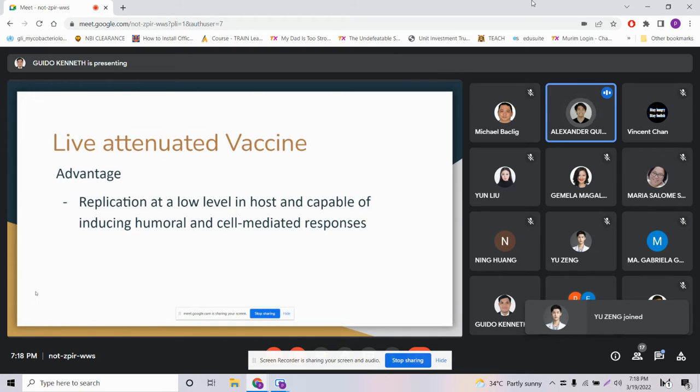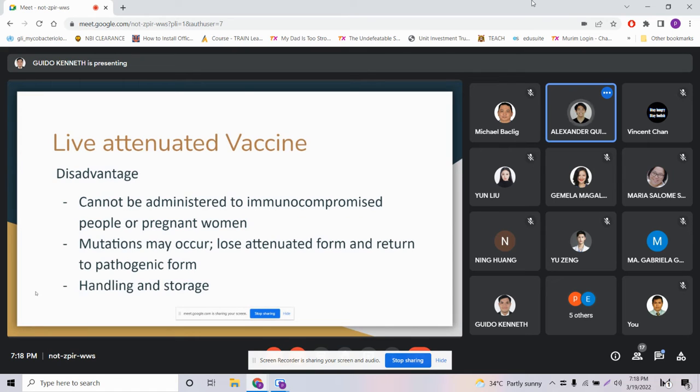So one advantage of live attenuated vaccines is that it is able to replicate at a low temperature in the host, and it's capable of inducing both humoral and cell-mediated responses. But the disadvantage is that it cannot be administered to immunocompromised people or pregnant women because mutations may occur.